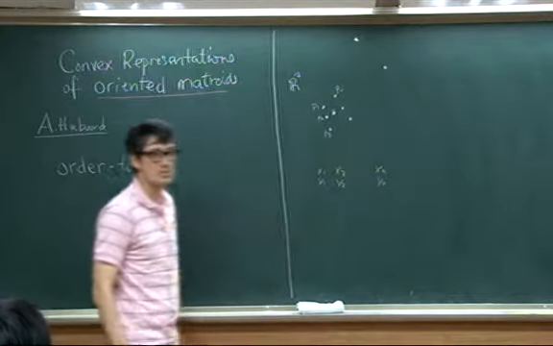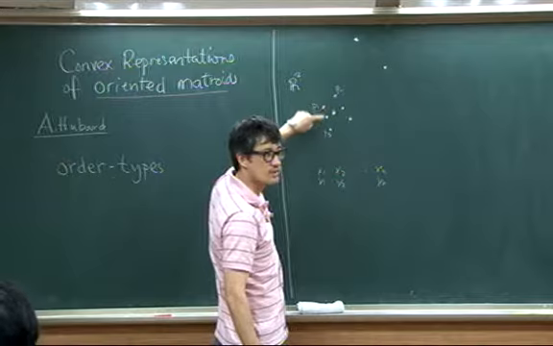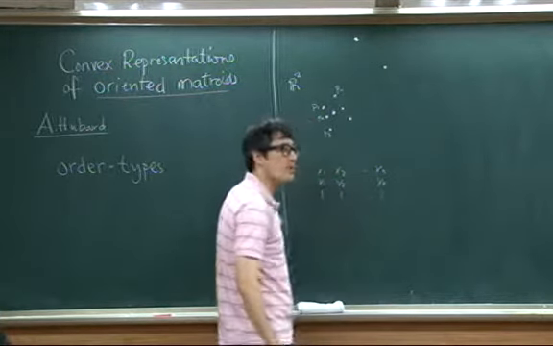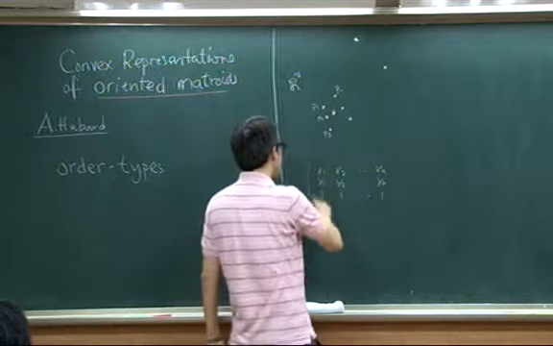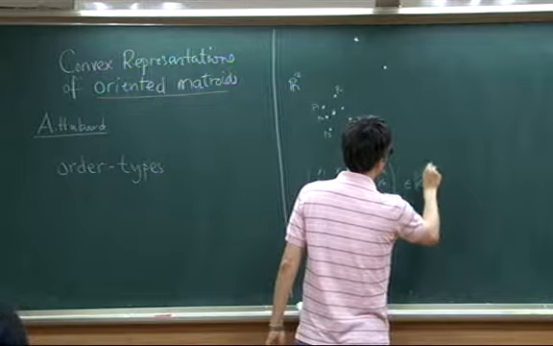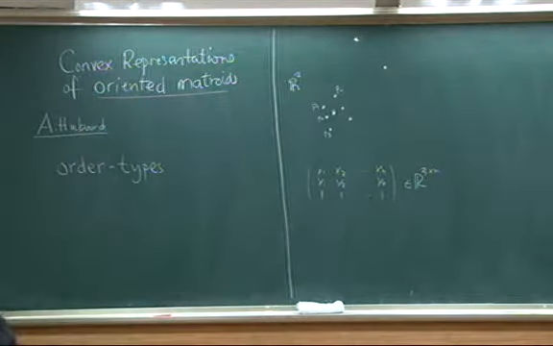Well, these are real numbers, right? x1, y1 are the coordinates of this one, and so on. And let me just add a row of 1s at the bottom. Okay? So this is a matrix like this. Keep in mind that there's a row of 1s on the bottom. Okay?